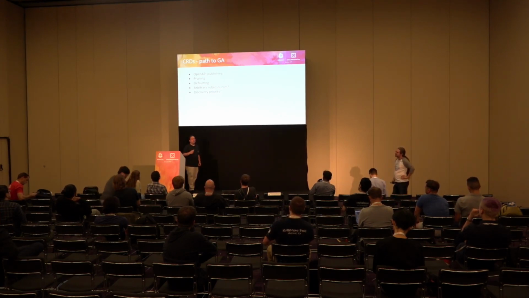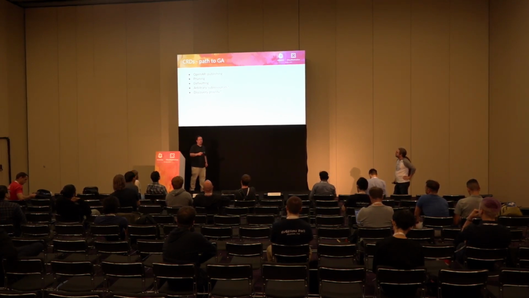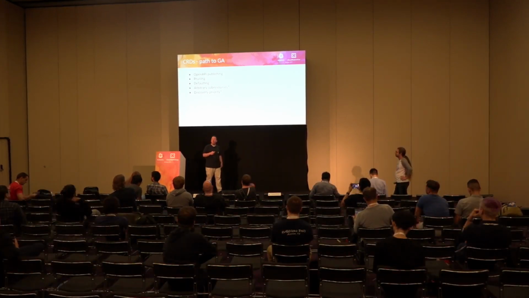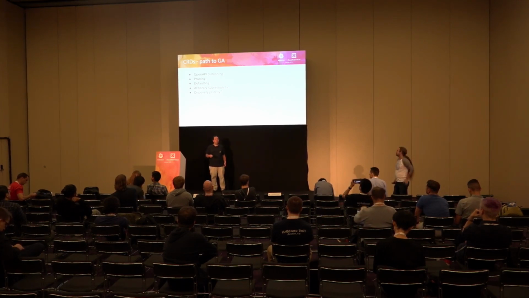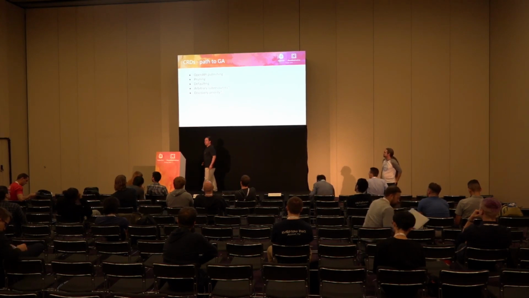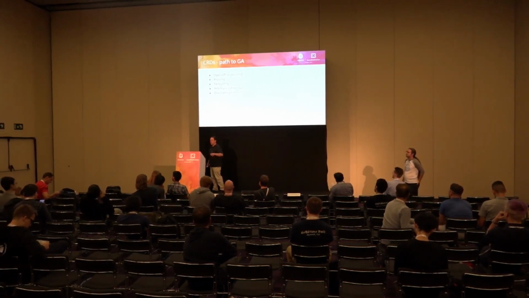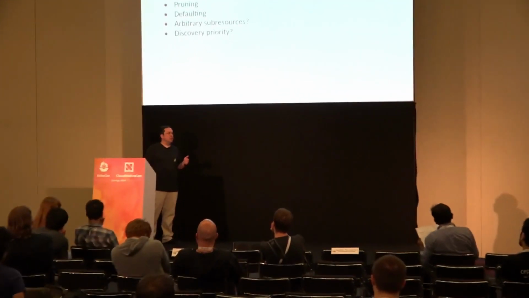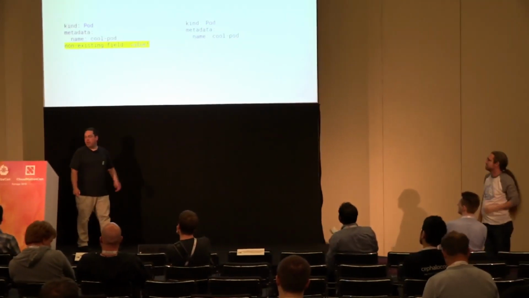We want the behavioral changes related to CRDs to all land before we make it GA and be on by default. That doesn't necessarily mean GA themselves. Some of them will probably still be beta, but on by default for behavioral changes. And so on this slide, those behavioral changes are OpenAPI publishing, pruning, and defaulting. Those are the ones that I can think of right off the top of my head.